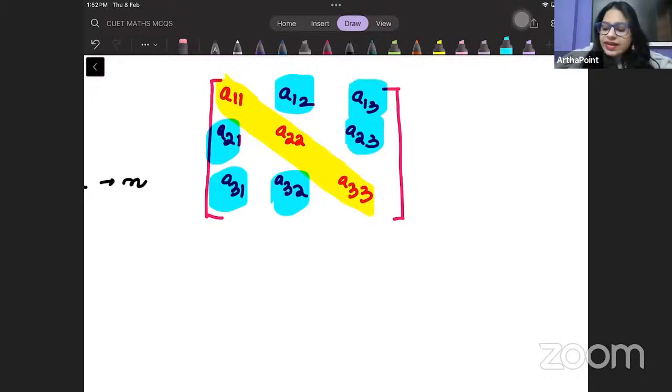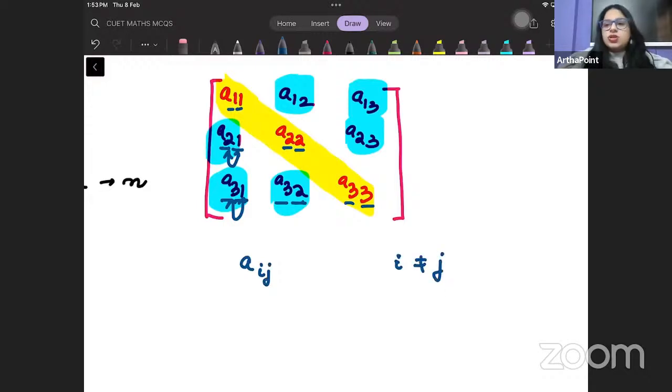Now note that for whichever elements I want zero, the row index and column index are different. You can see this is 2,1, this is 3,1, this is 3,2. But you can clearly see here the index is the same: 1,1, 2,2, 3,3. It means whenever i and j are not equal to each other, I want those elements to be 0.